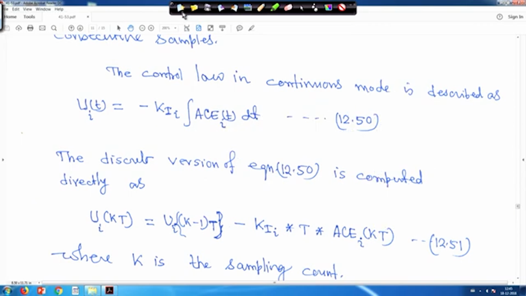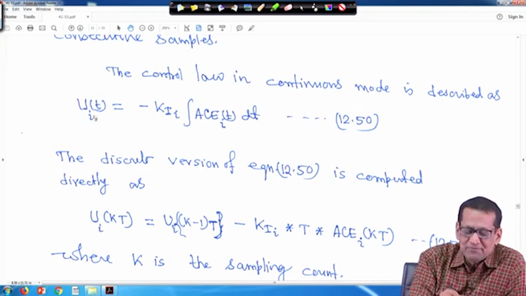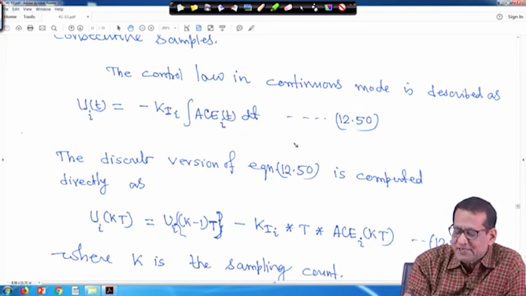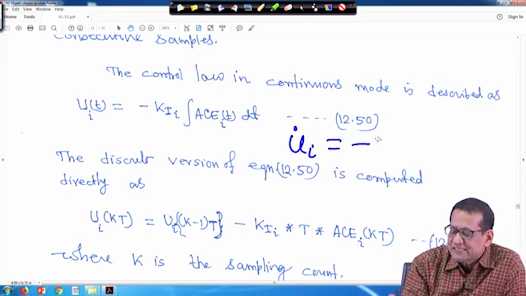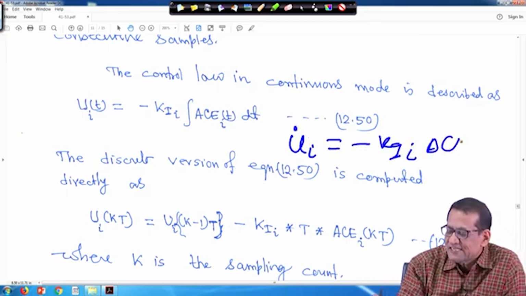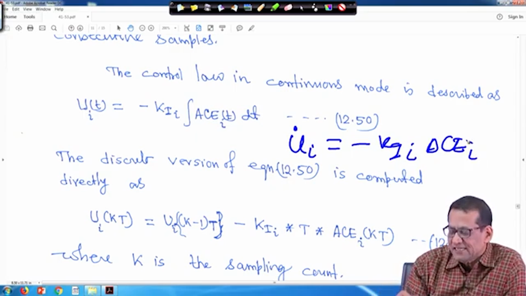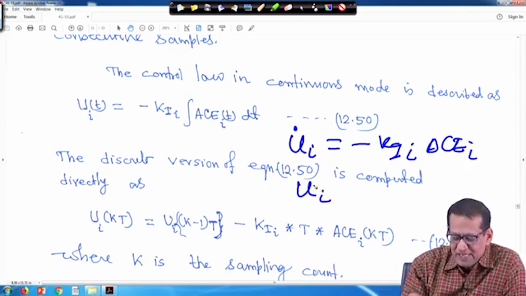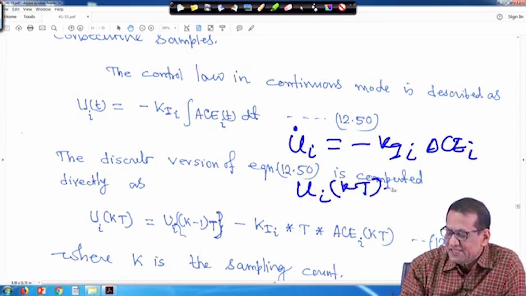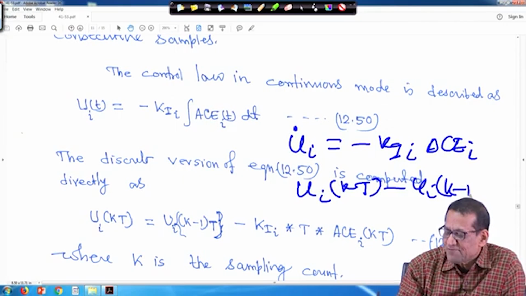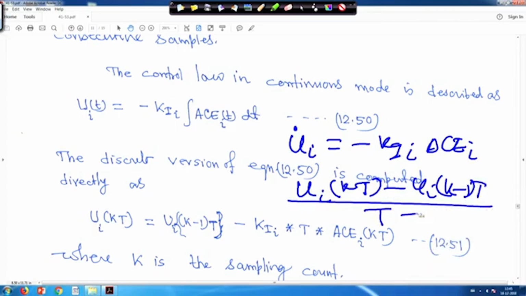Similarly, for u_i(t), take the derivative of both sides: u_i dot is equal to minus K_II times ACE_i, but the sampling time is T. That means this can be written as u_i(kT) minus u_i((k minus 1)T) divided by T is equal to minus K_II times ACE_i(kT).